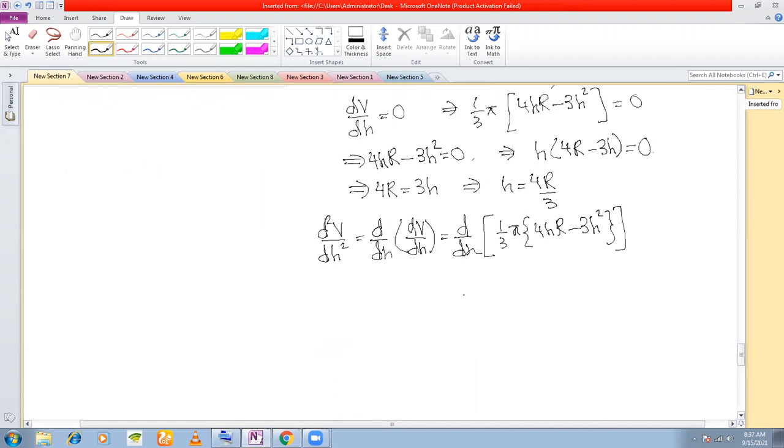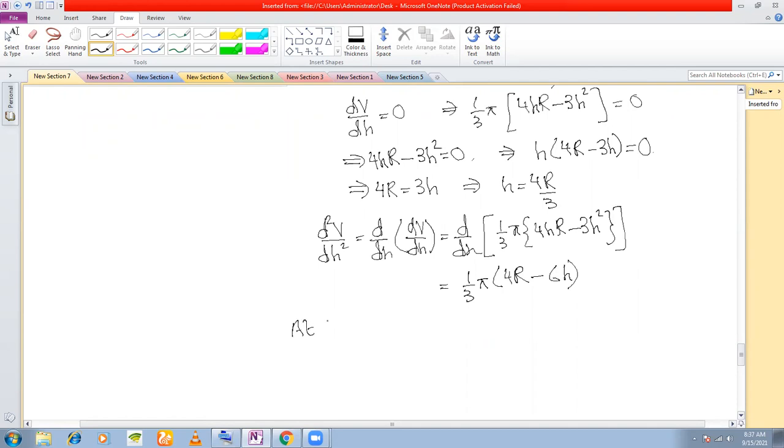Now 1/3 pi is a constant, you can take it out, into differentiation of 4hr with respect to h, you will only get 4r. Minus, and differentiation of 3h square is 6h. Right?